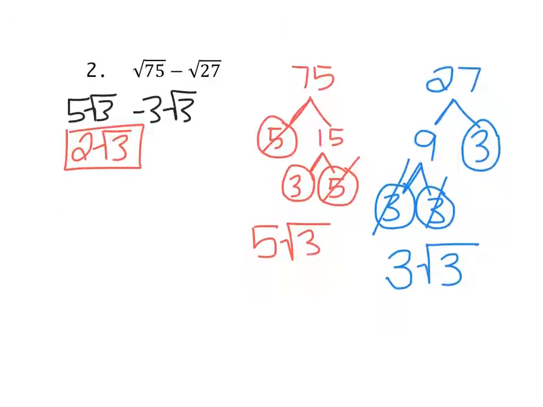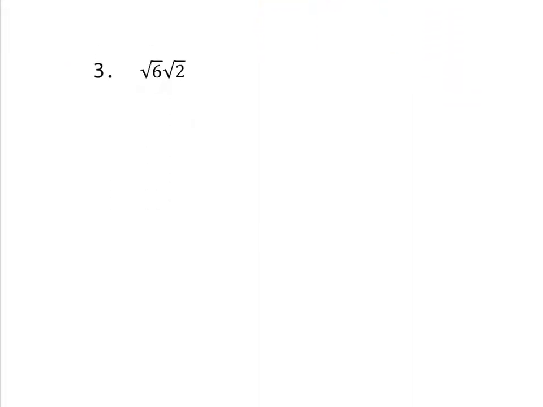Now with multiplying radicals, we multiply what's underneath the square root. Here we have 6 and 2. What is 6 times 2? It's 12, right? Now does 12 break down? Can we reduce the square root of 12?